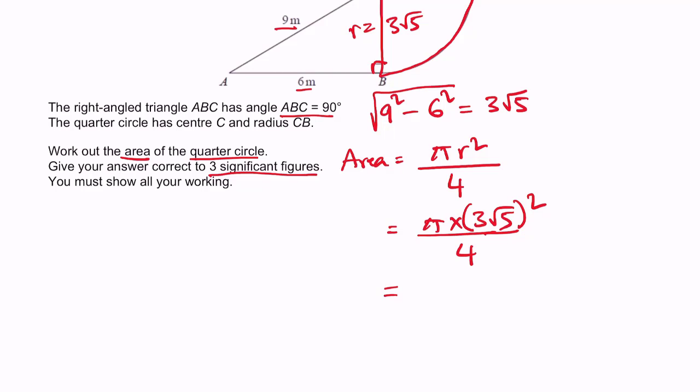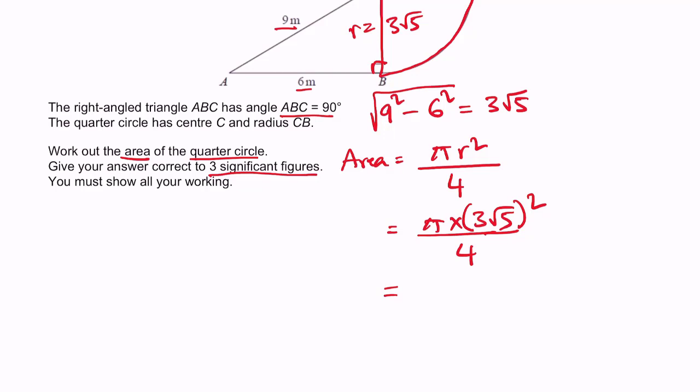So shift pi times 3 root 5, close brackets, and then square it, down arrow, 4. Oh, showing me error. Okay, so maybe I don't need brackets. So shift pi times 3 root 5 squared divided by 4, and that gives me an answer of 15 over 4 pi, or 11.78. That still does not match with my answer.